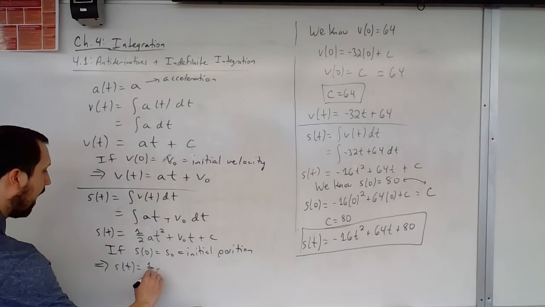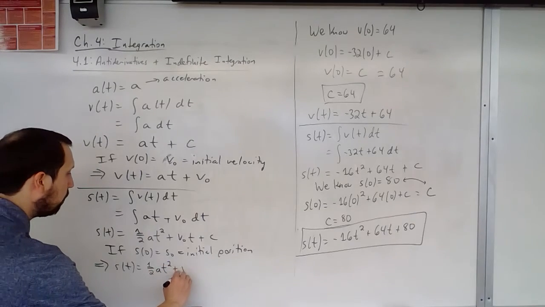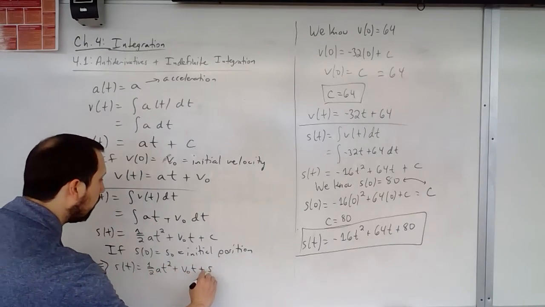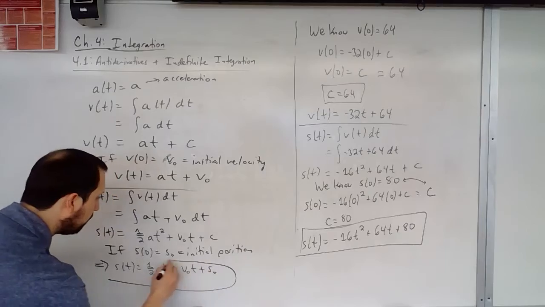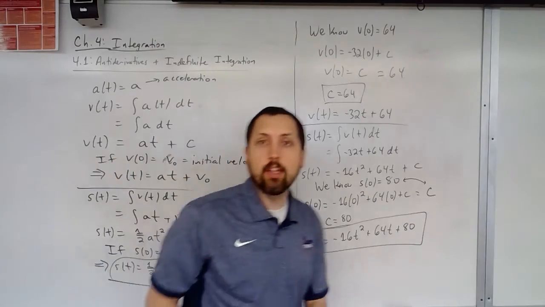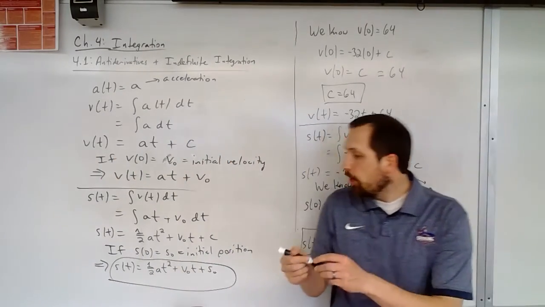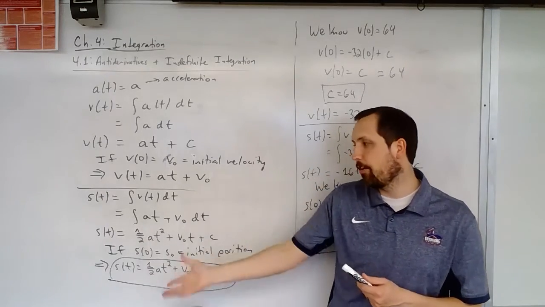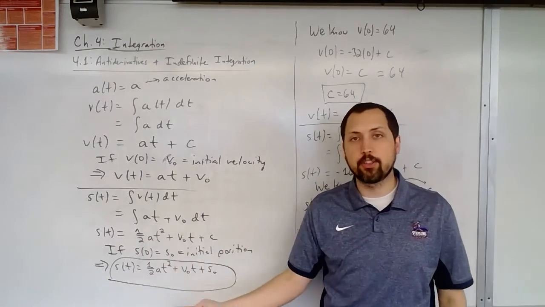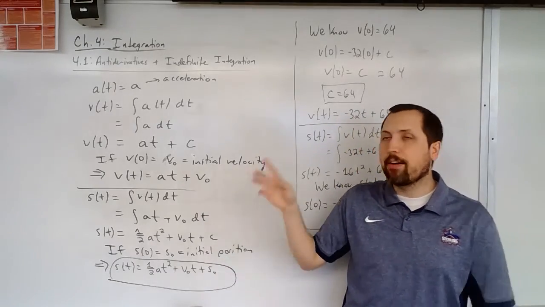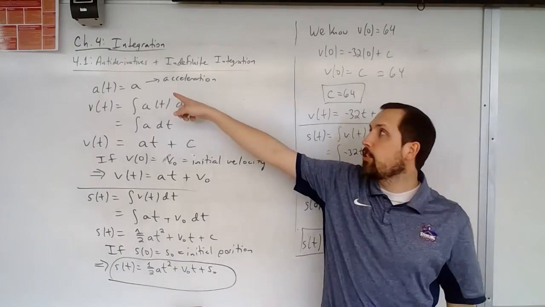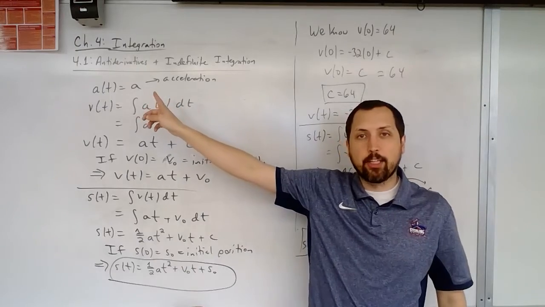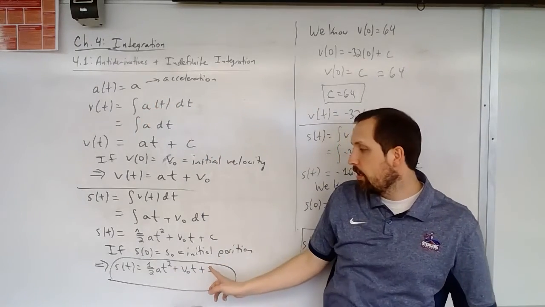S of t is going to be 1/2 at squared plus v sub 0 t plus s sub 0. So this formula, if you've taken physics before, you have seen this formula. This has always been given to you because you did not have the calculus abilities to derive this yourself. But now that you know how to integrate, especially when you have a constant acceleration, you get this.